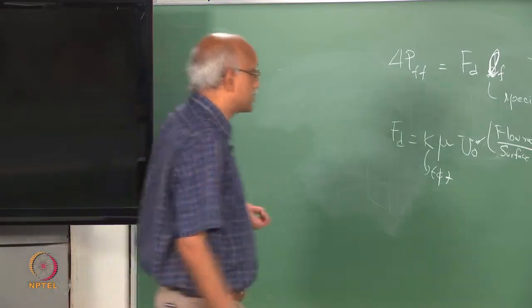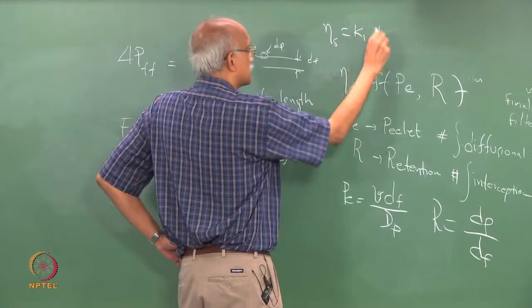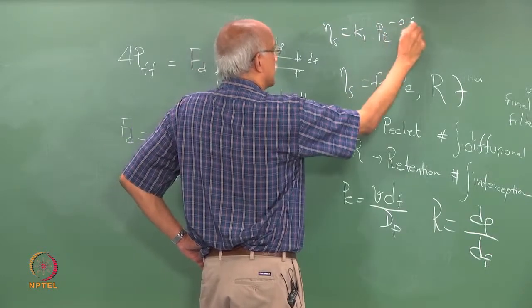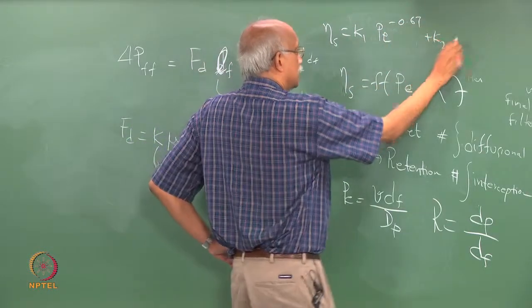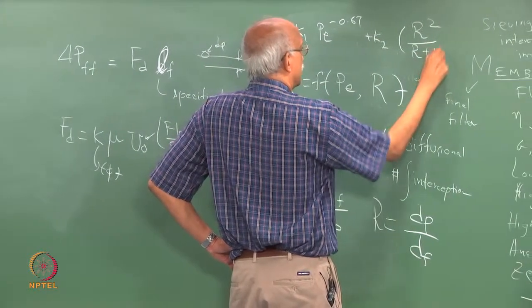And in fact, the expression is eta s equals some K1 times Peclet number to the power minus 0.67 plus K2 times R squared by R plus 1.